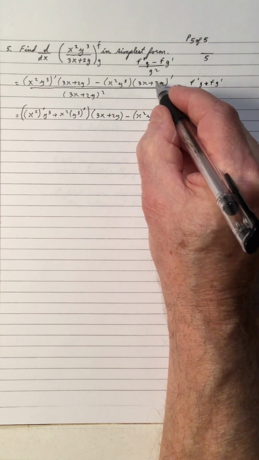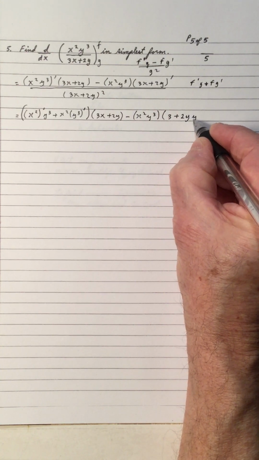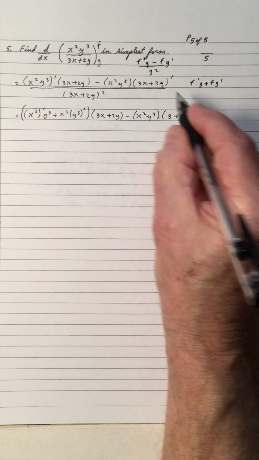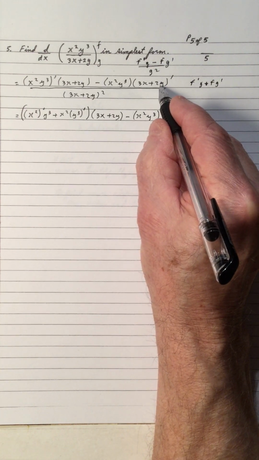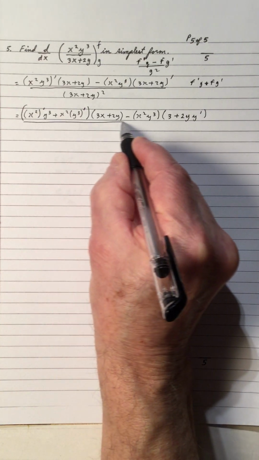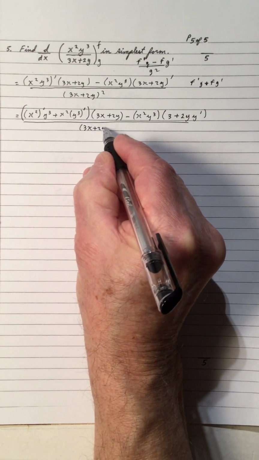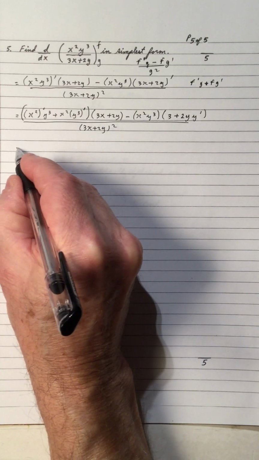Derivative of 2y is the same as an x. Derivative of 2y is 2y prime. When you do the derivative of y in terms of x, you will get a y prime. And that's all over (3x plus 2y) squared.